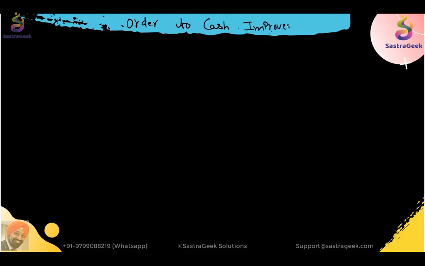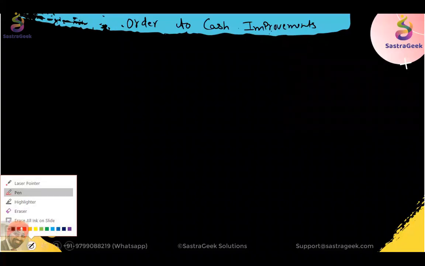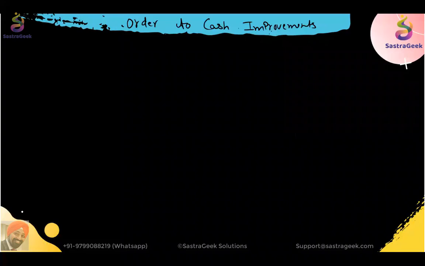So we will be discussing here what the different improvements are that have been made in order to cash. What is the order to cash cycle and what kind of different improvements have been made. I don't expect that all of you would have experience in SD. So I would quickly explain the cycle first, what the sales and distribution cycle is. And then we would proceed ahead to the next part, where we would jump into the system and run this cycle in GUI, and then run this cycle in our Fiori.